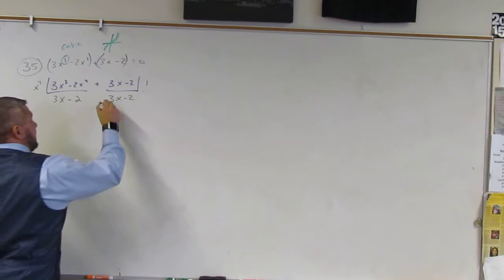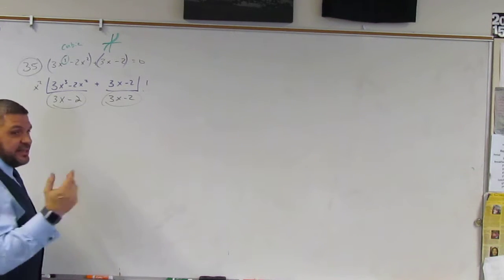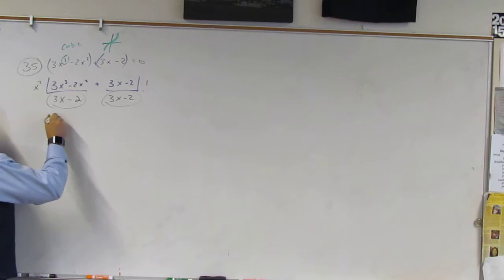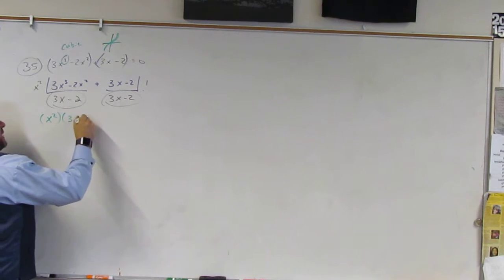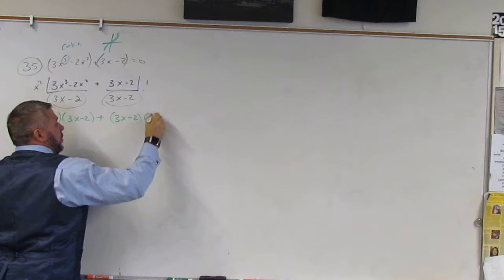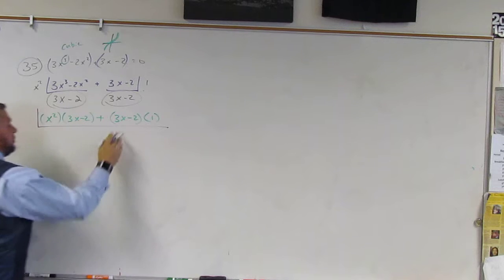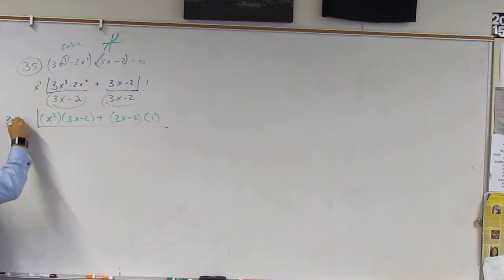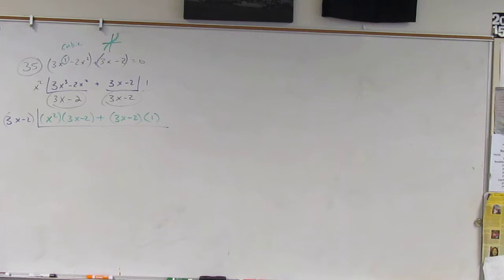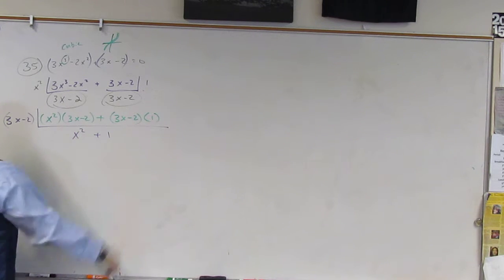Now, because these are the same, we could relook at this and say, hey, this is x squared times 3x minus 2 plus 3x minus 2 times 1, right? And then what is the same between these two sides? The 3x minus 2. And if you pull out the 3x minus 2, what are you left with? X squared plus 1.